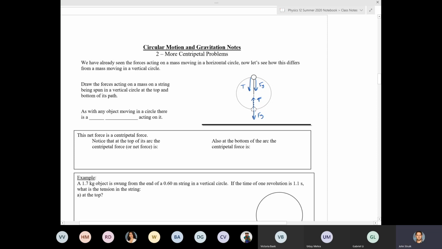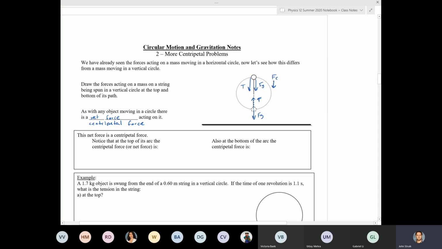Okay, and as with any object moving in a circle, there is a net force acting on it. And because net force in a circle is actually centripetal force, we can also put centripetal force. So this net force is the centripetal force. So notice at the top of the arc, the FC is going down, going towards the center.